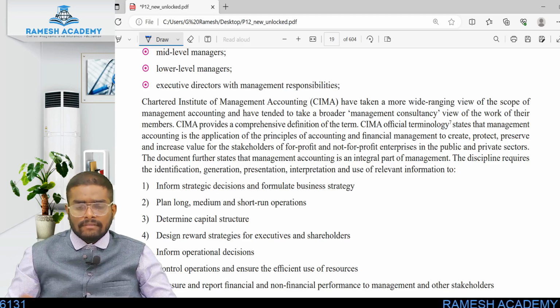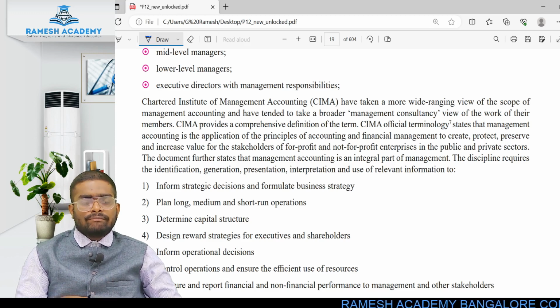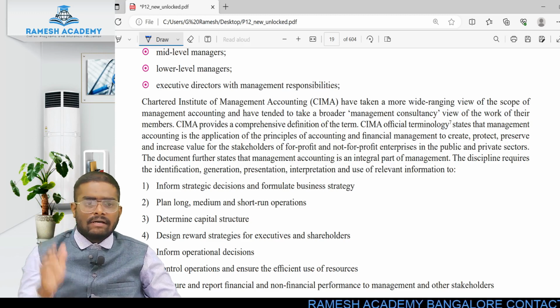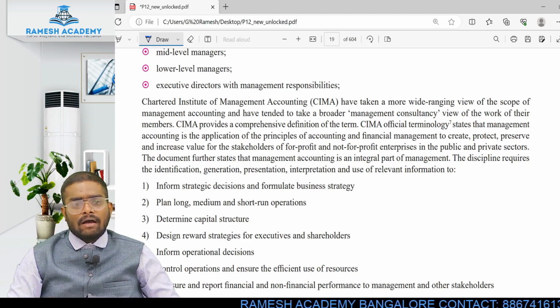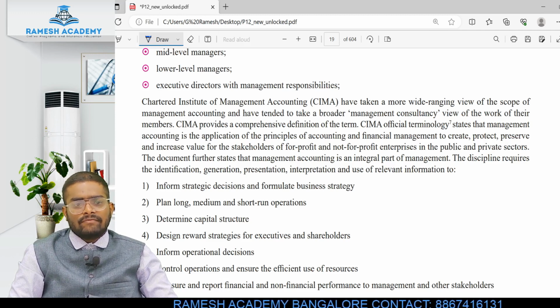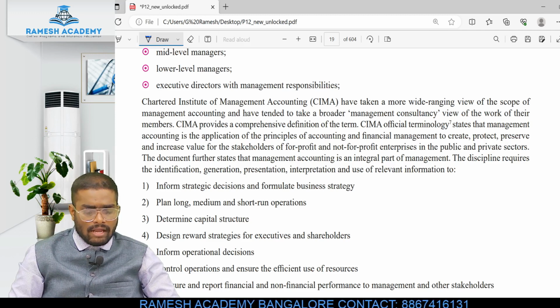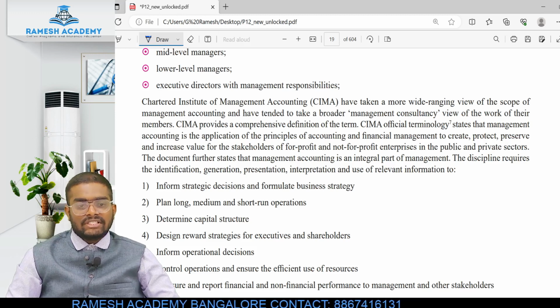Strategy is something where we make a plan in advance for something. It may be expansion, it may be taking a new company, it may be reducing the capacity of the business or increasing the capacity of the business. And it may be a long-term decision like purchasing a machinery.